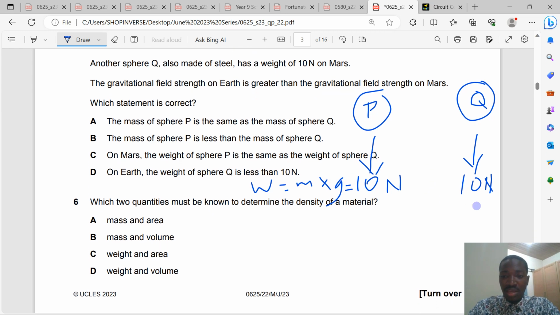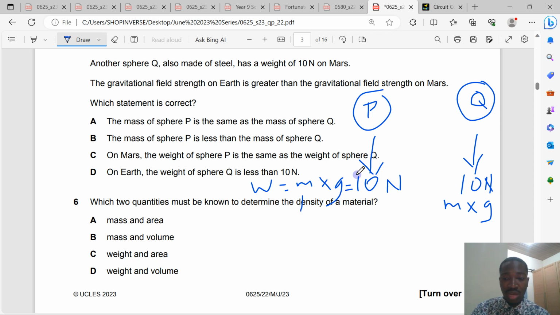The weight here is mass times gravity. If the gravitational field strength on the Earth is greater than on Mars, multiplying these two must give you 10. The gravitational field strength on the Earth is approximately 10, right? So it's very likely the mass here is 1.